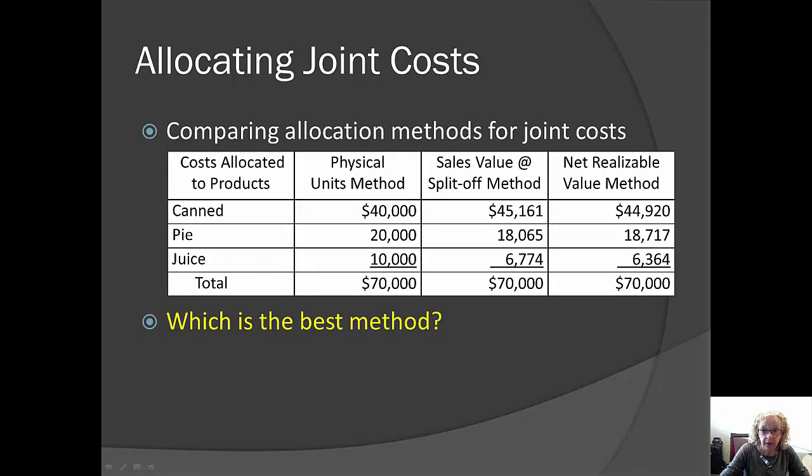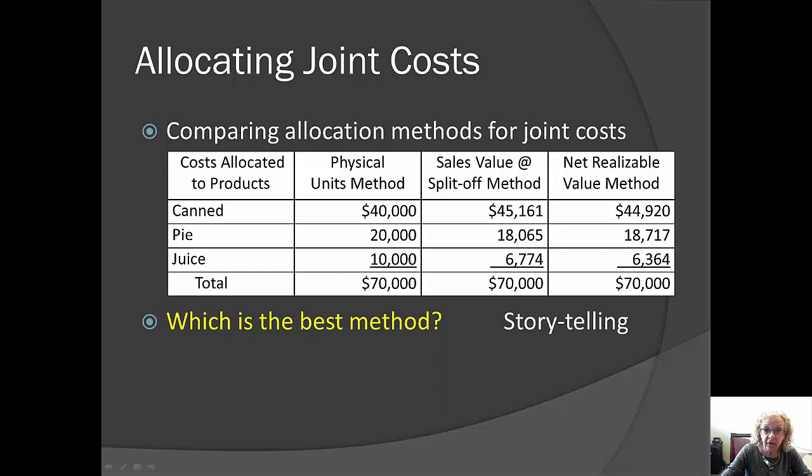So how do we choose a method? And the answer is, it's really an issue of storytelling. If we believe that products that have a larger physical measure, products in this case that weigh more, deserve more of the joint costs, then we can use the physical method.